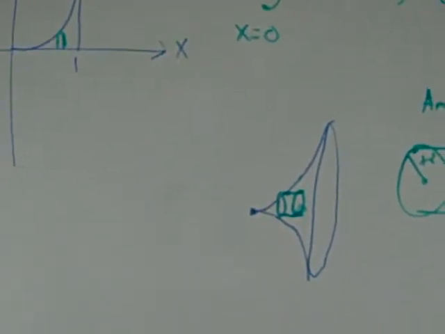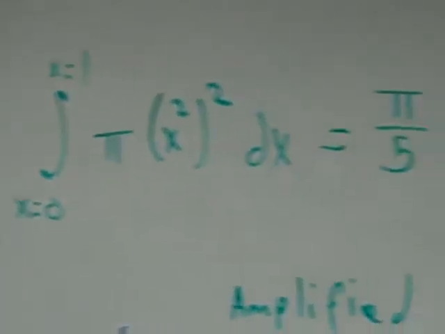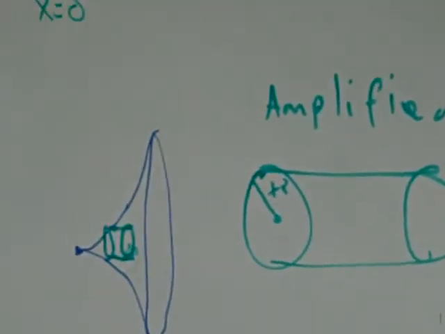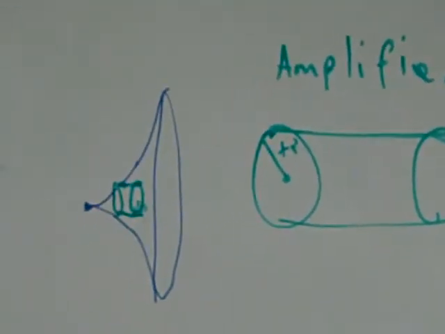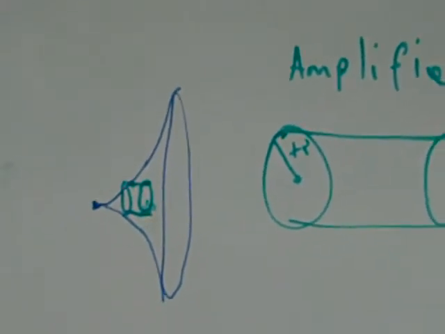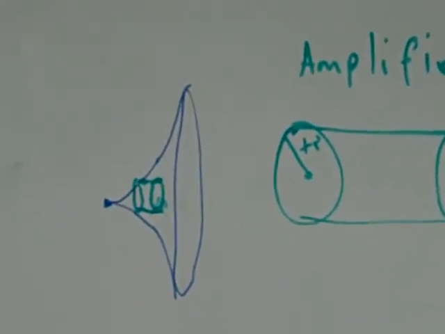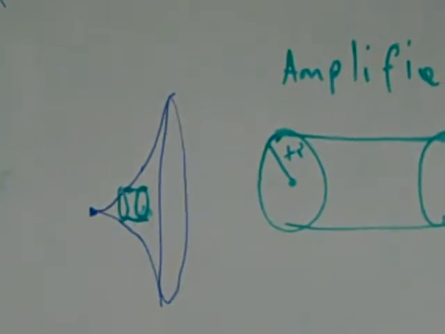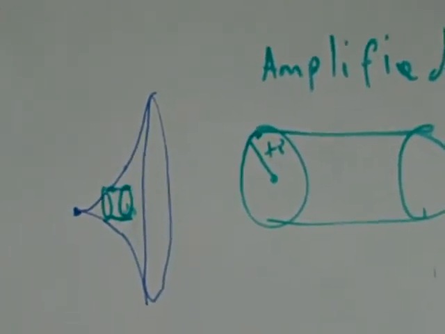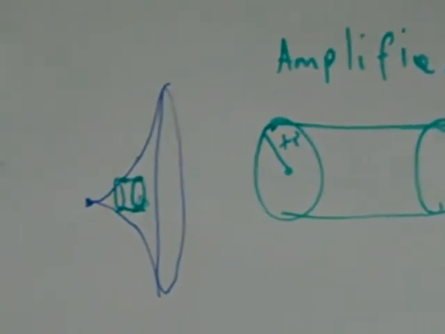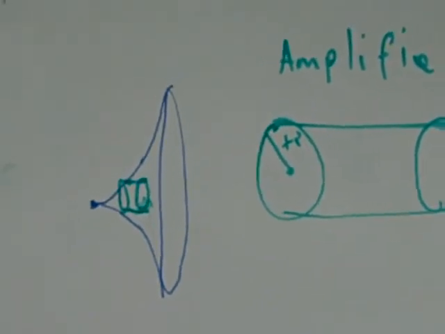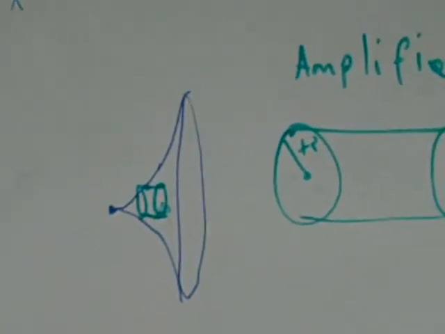Now if you'll observe real carefully, I'll move this camera closer here. Here's our solid, and we're going to add up the volume of these infinitesimal green cylinders, adding up arbitrarily many of them.